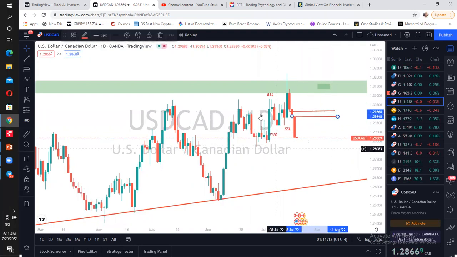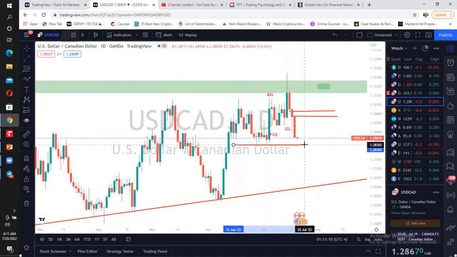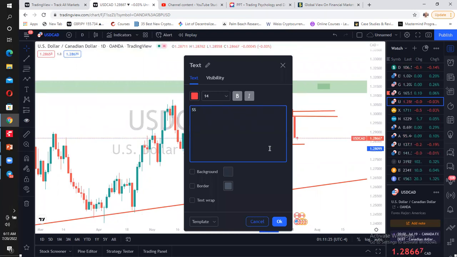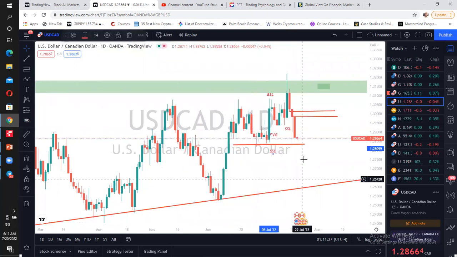But here also we'll have sell stop liquidity. Who has their stop losses here? We'll have sell stop liquidity. Who has their stop losses here? So we're coming to here to take out their stops.